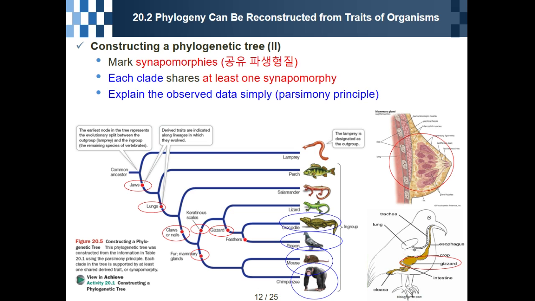So we follow the parsimony principle. There are lots of differences, but we cannot explain them in detail. Simply, the main difference between the lamprey and chimpanzee is that lamprey doesn't have jaws, but chimpanzee has jaws, like this. So this is what we call the parsimony principle.